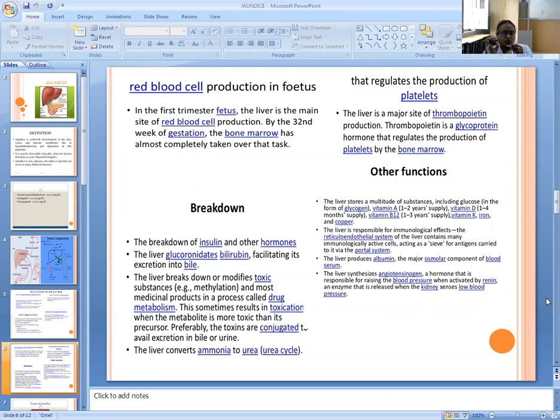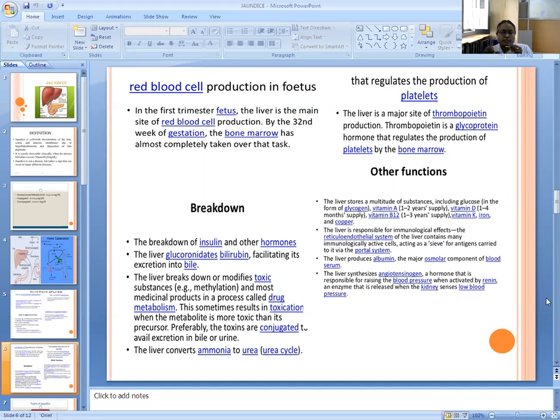The liver acts as a storage site for vitamin B12, vitamin A, vitamin D, vitamin K, as well as iron, copper, glycogen. Then synthetic function, we already discussed, it synthesizes albumin, a very important protein.